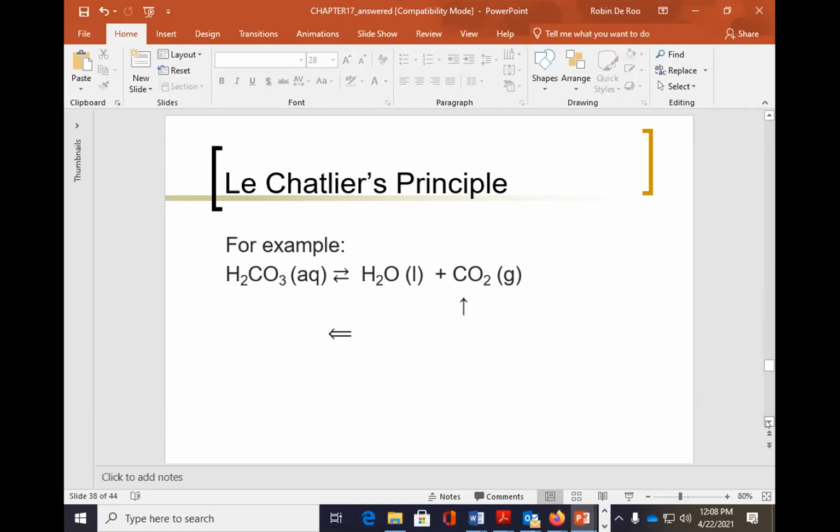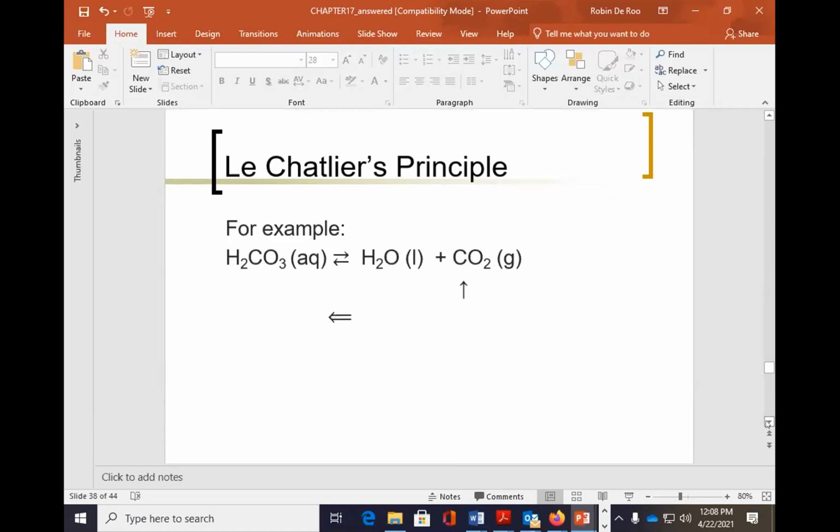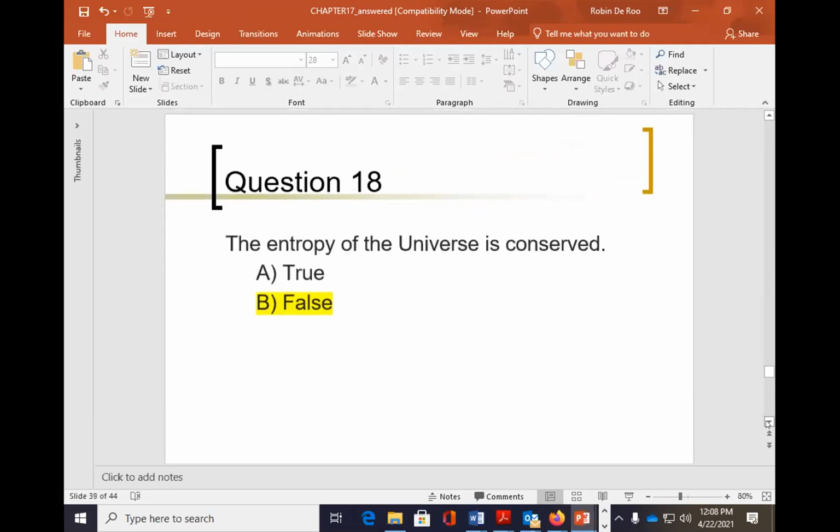We keep using Le Chatelier all over the place. Yeah, this is just from the chapter.